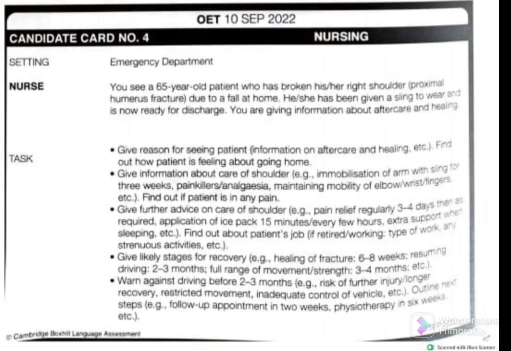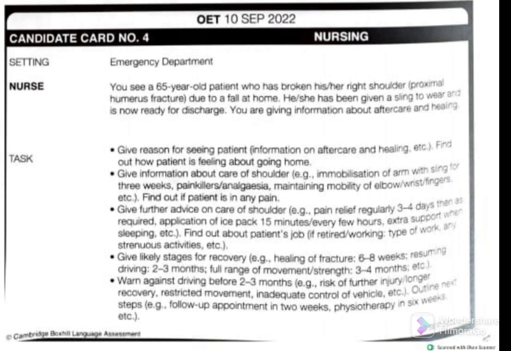Then the next task is to give information about care of the shoulder, like immobilization of the arm with a sling for 3 weeks, painkillers and analgesia, maintaining mobility of the elbow, wrist and fingers, etc. And find out if the patient is in any pain. So we can tell that, Miss Maria, I will give you the information regarding your shoulder care.